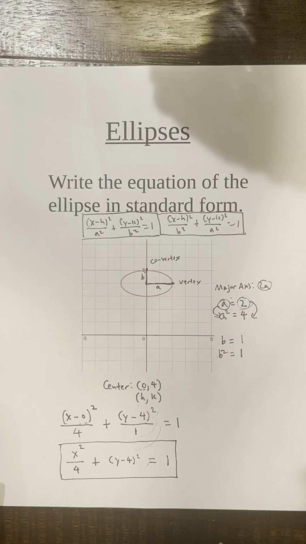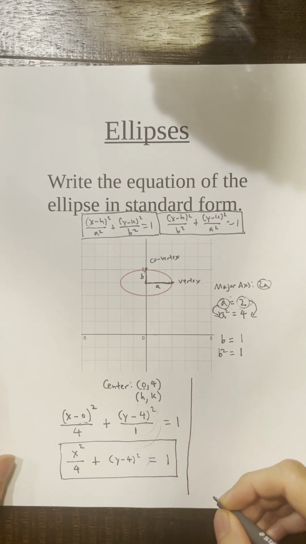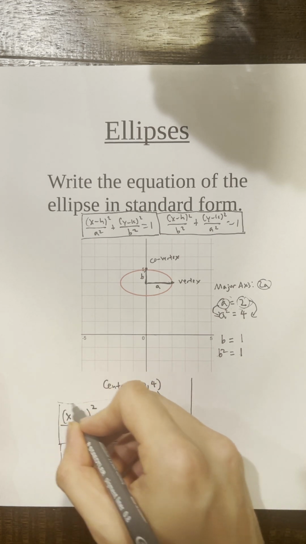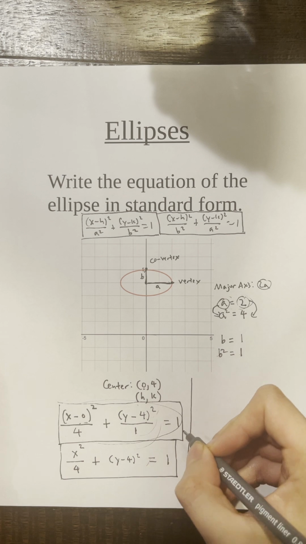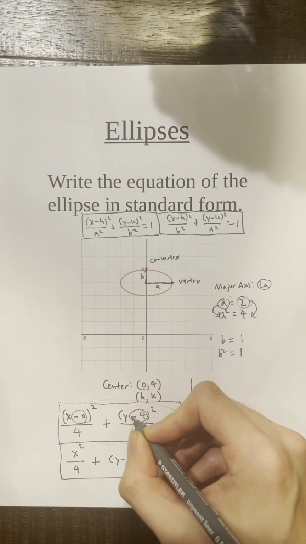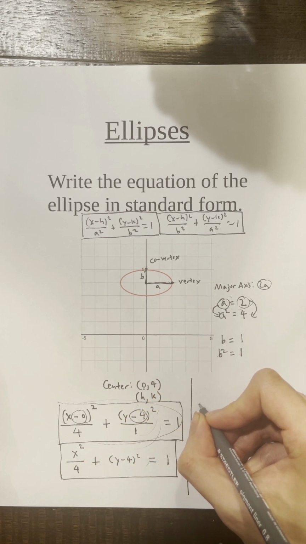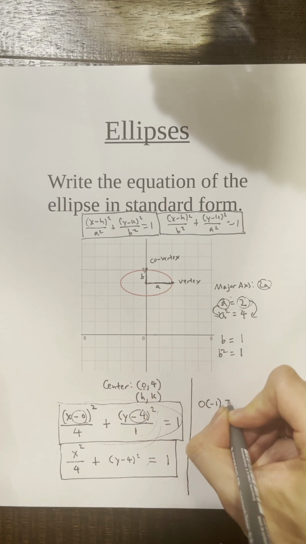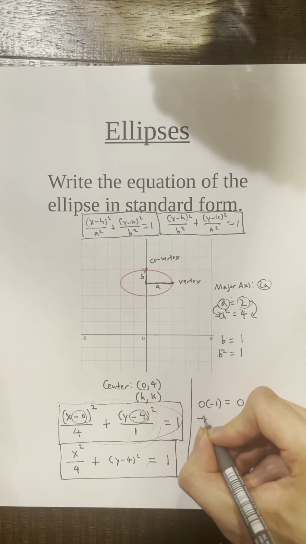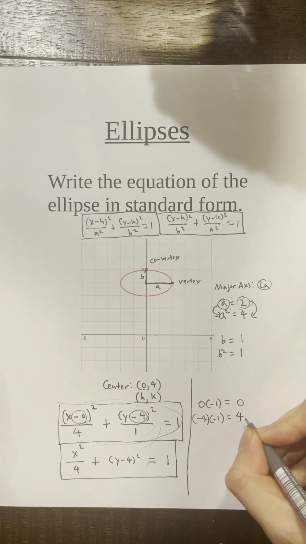Okay, and here's some things that I'd like you to make a mental note of right now. So if I look at this equation here, if I take this number and multiply them by -1, so 0 times -1 is how much? 0. And -4 times -1 is how much? 4.